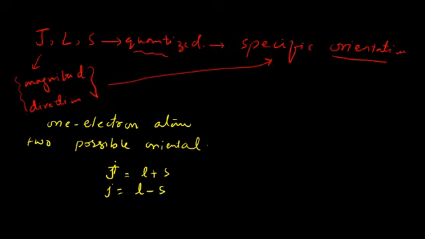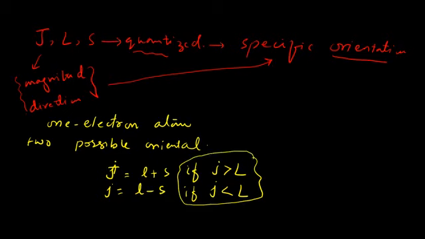J is equal to l plus s if j is greater than l, and j is equal to l minus s if j is less than l. These two conditions are responsible for the two orientations of total angular momentum for a one-electron system.